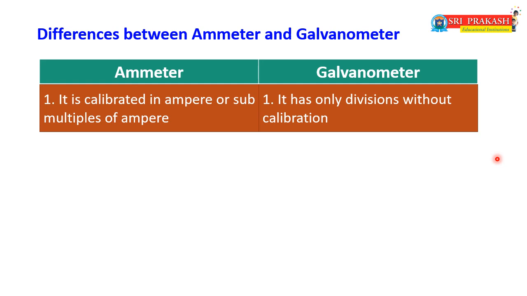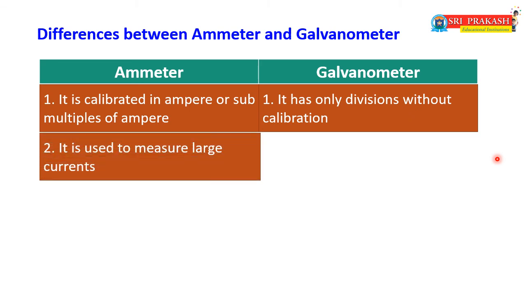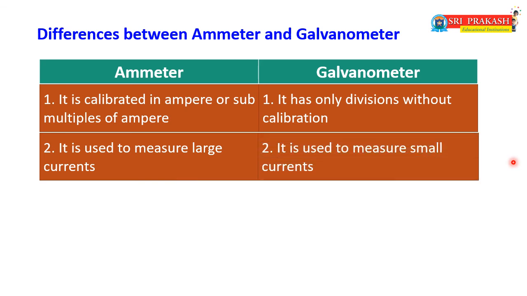Next, the ammeter is used to measure large currents, but the galvanometer is used for small currents only. We have to calibrate how much value one division is. For that there are different methods in our lab. One experiment is the half deflection method, with which we can get the value of one division.